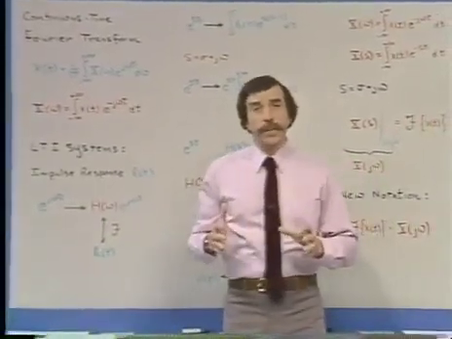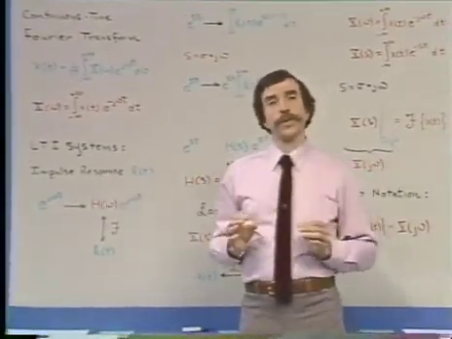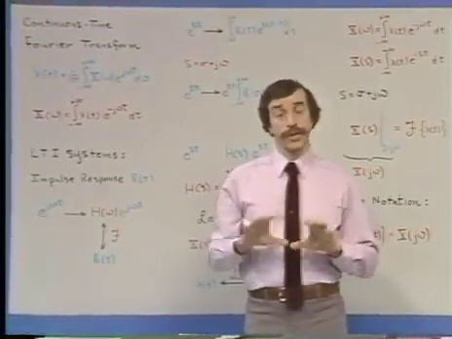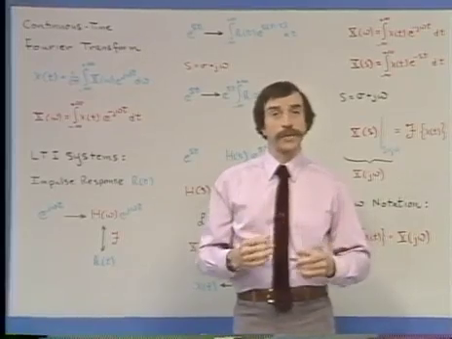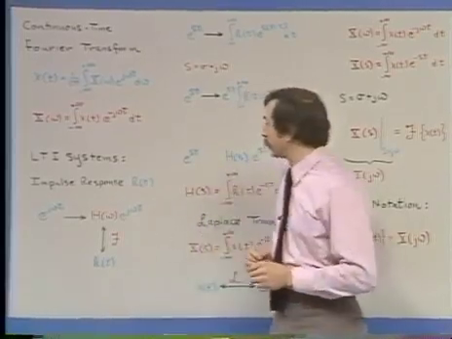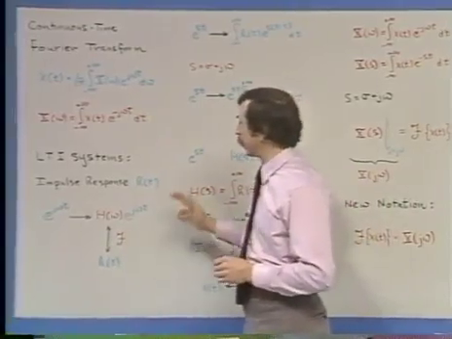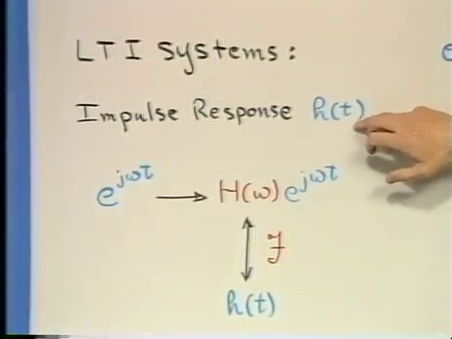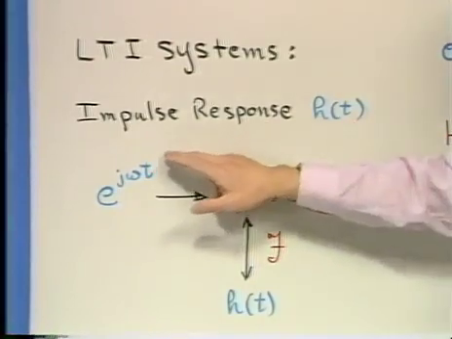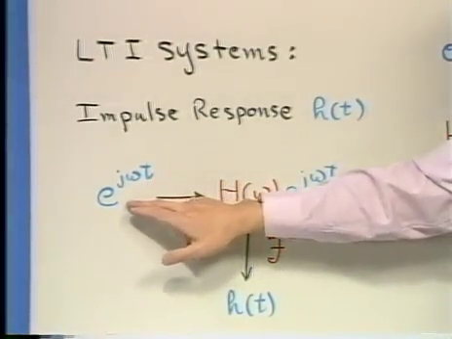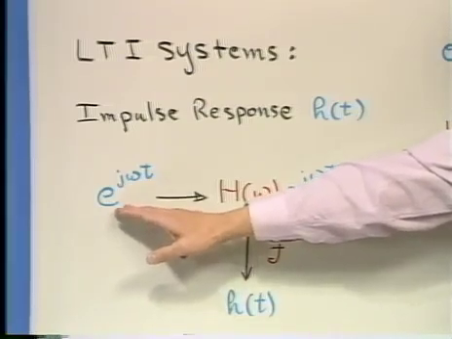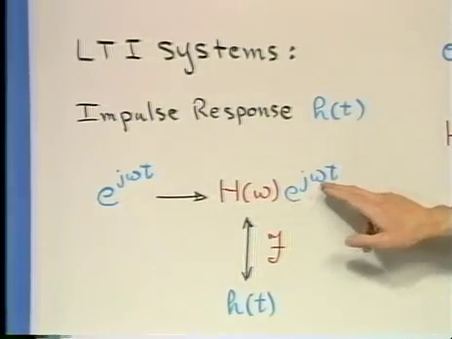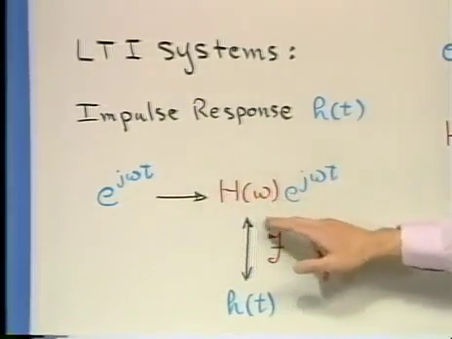Now, why did we pick complex exponentials? Well, recall that the reason was that complex exponentials are eigenfunctions of linear time invariant systems, and that was very convenient. Specifically, if we have a linear time invariant system with an impulse response h of t, what we had shown is that that class of systems has the property that if we put in a complex exponential, we get out a complex exponential at the same frequency and with a change in amplitude.